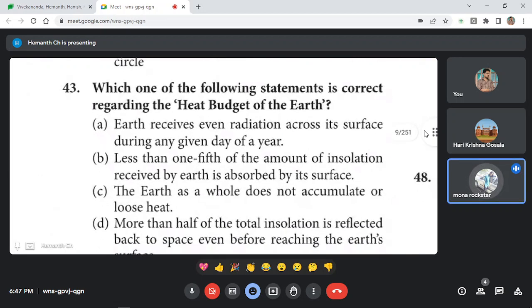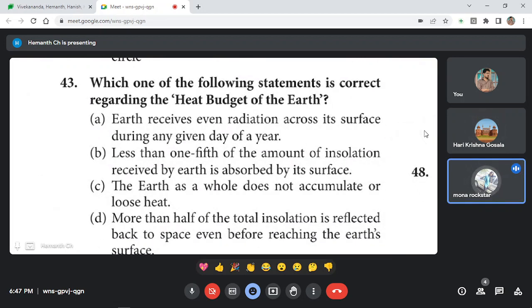Correct regarding heat budget. Earth receives even radiation across its surface during any given day of a year. Less than one-fifth of the amount of insolation received by Earth is absorbed by its surface. The Earth as a whole does not accumulate or lose heat. More than half of the total insolation is reflected back to space even before reaching the Earth's surface.